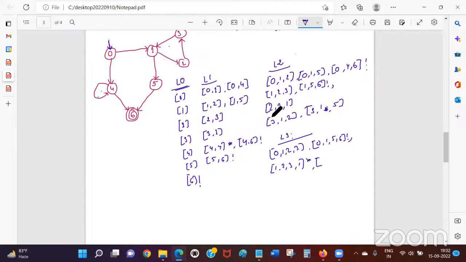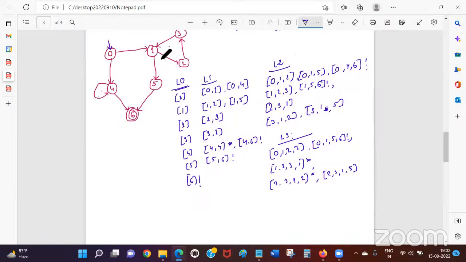I don't have to take this. It's a 2, 3, 1, and 2, 3, 1, 2. So let's make it on a different line. It's a 2, 3, 1. With 2, 3, 1, what can I get? I can get 2, 3, 1, 2, which is a loop, or I can go to 2, 3, 1, 5, right?